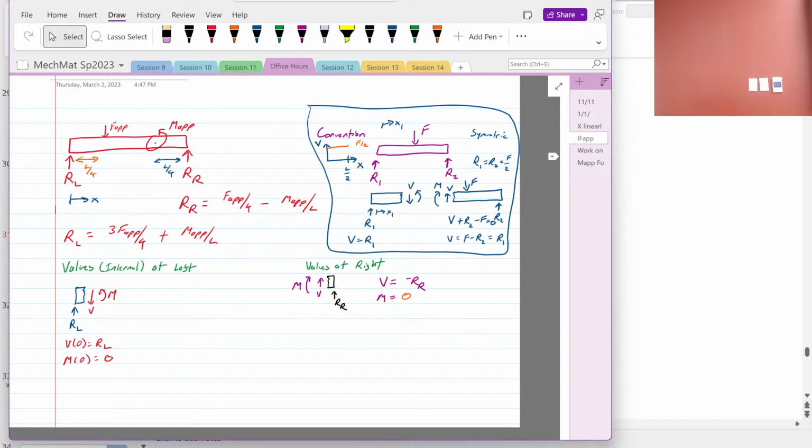Because that delta V, if I look at my equations for advanced deflections, we have a concentrated force. Delta V is equal to FF. And in this case, FF is not in the positive direction, it's in the negative direction. It's not in the plus Y direction, it's in the minus Y direction.